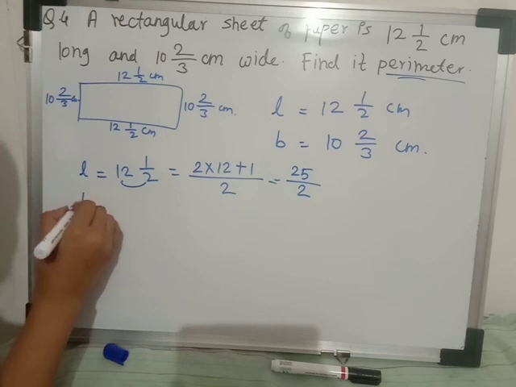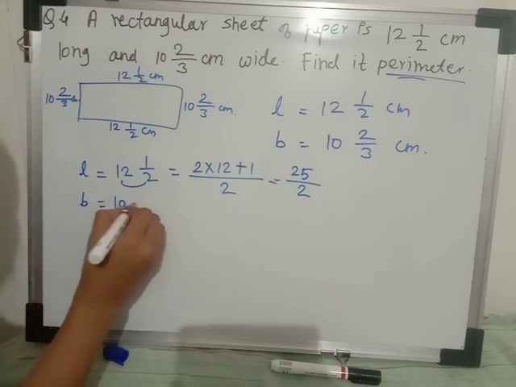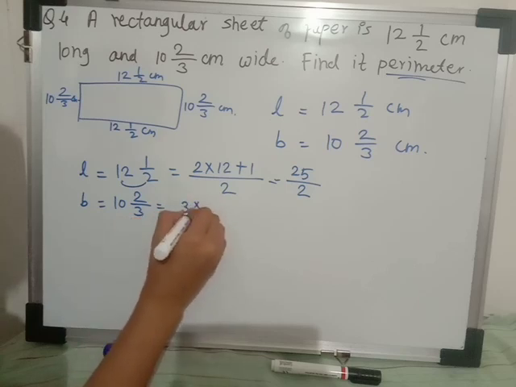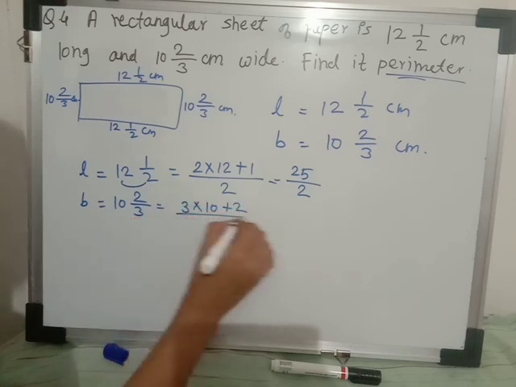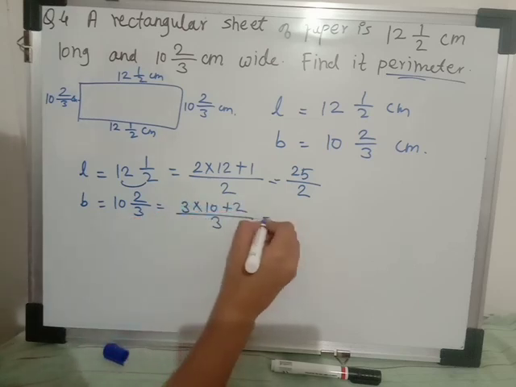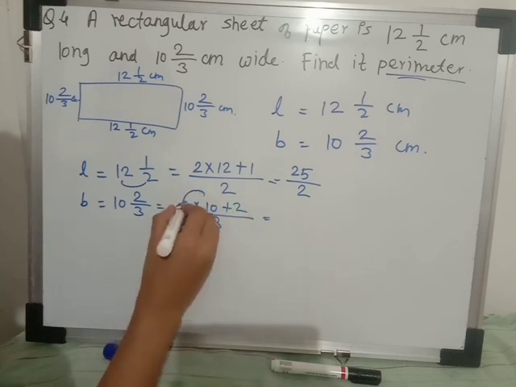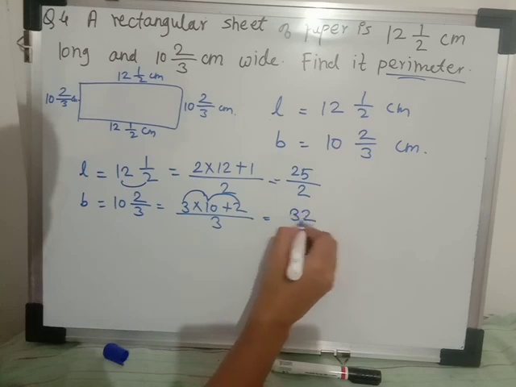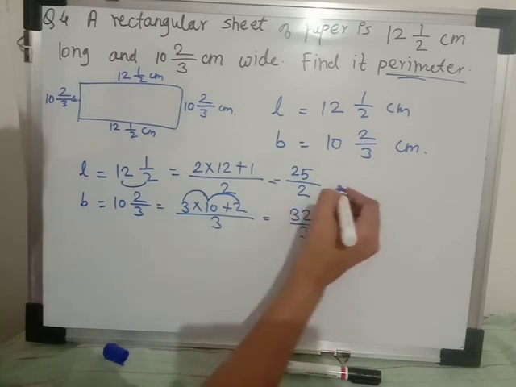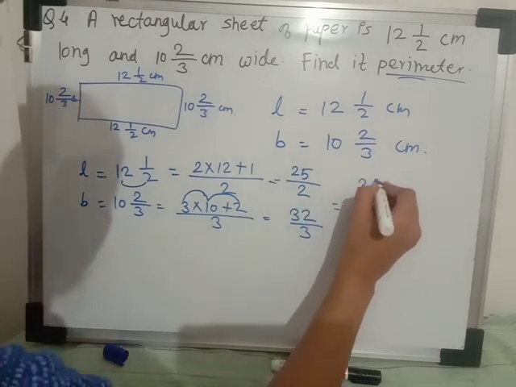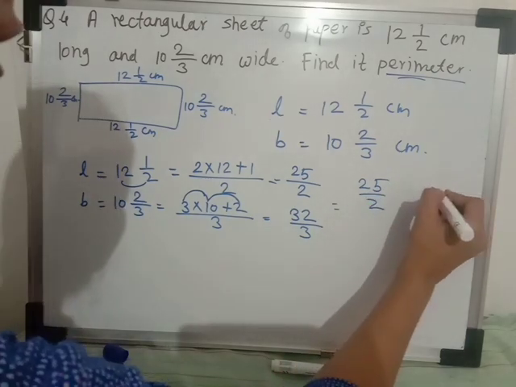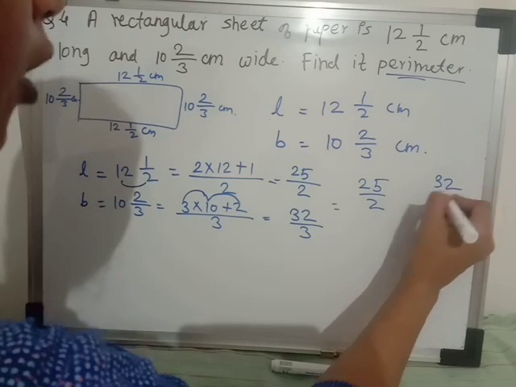And our breadth is 10 2 upon 3. So 3 multiplied by 10 plus 2, divided by 3. 3 10s are 30, 30 plus 2 is 32, so 32 upon 3. Now here we got the fractions 25 upon 2 and 32 upon 3.